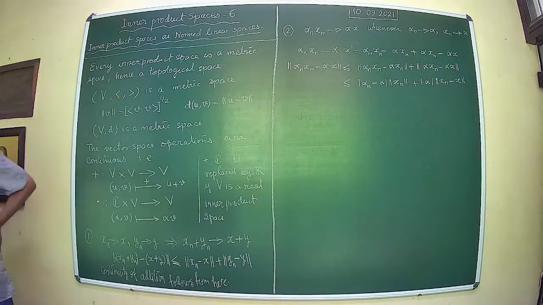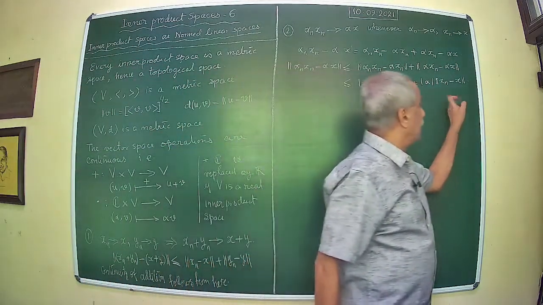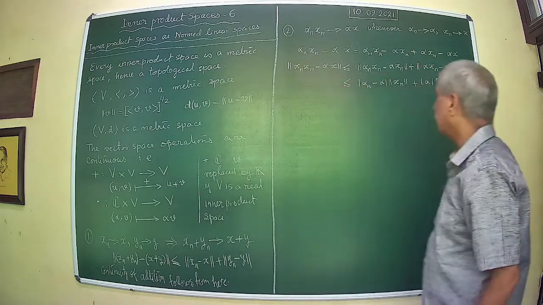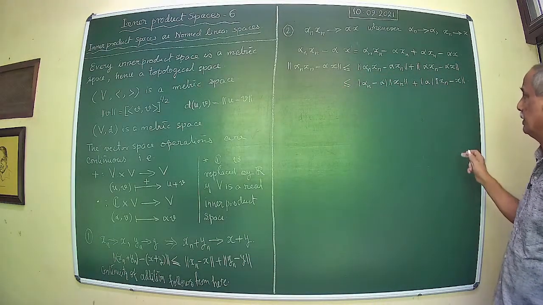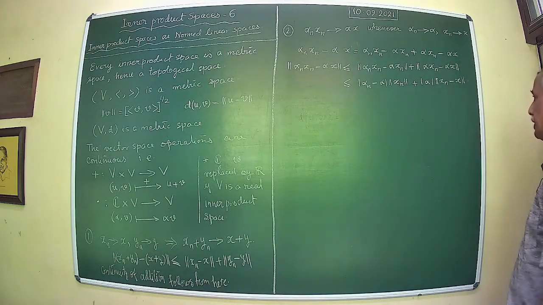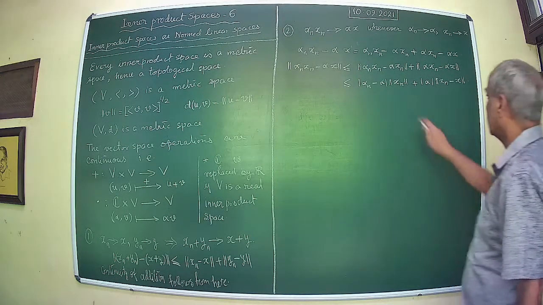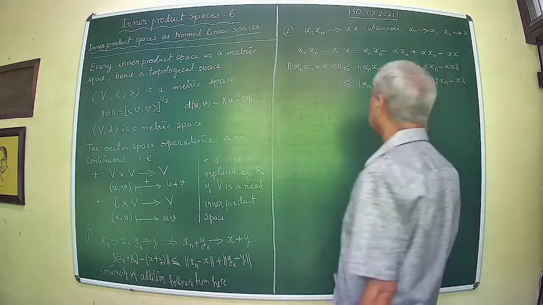Therefore, it is bounded. So, also alpha n converges to alpha. So, you see that mod alpha is there, and therefore, you can choose n sufficiently large. Given an epsilon, you can choose n sufficiently large such that the sum of these two terms is less than epsilon. Okay, so use this.